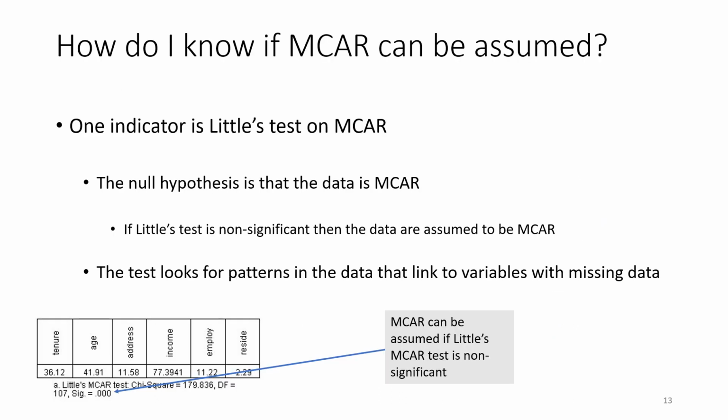So how do I know if my missing data is missing completely at random? One indicator is Little's test of MCAR, a test that we can request from SPSS through a particular program known as missing value analysis.